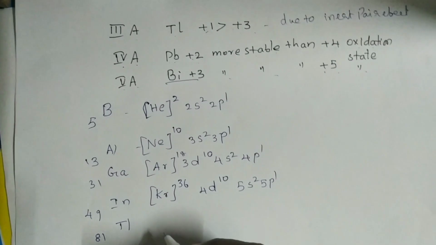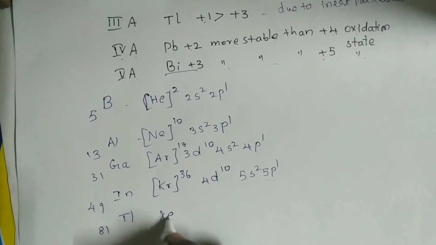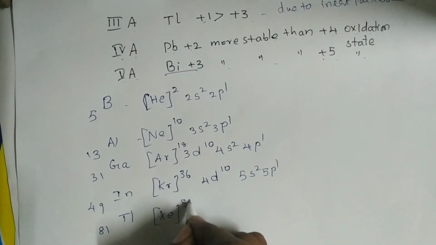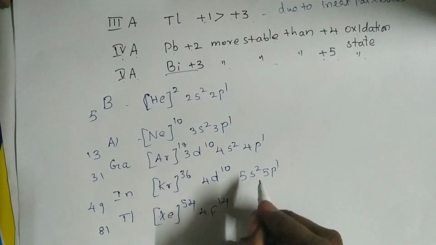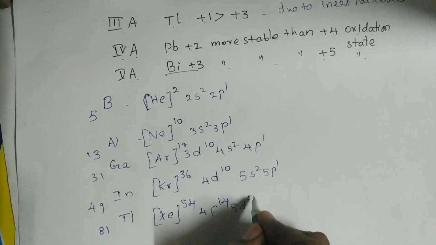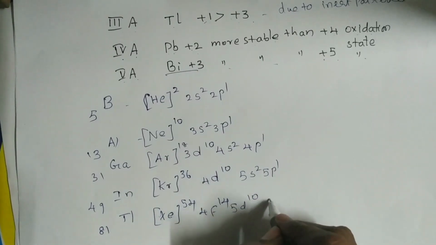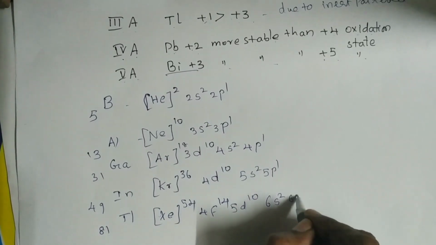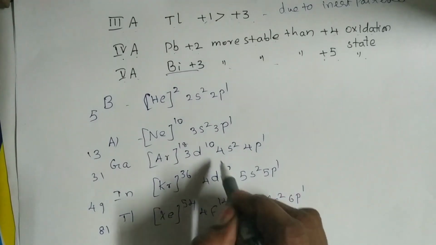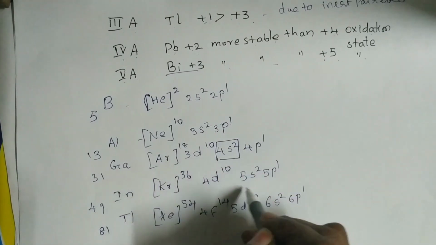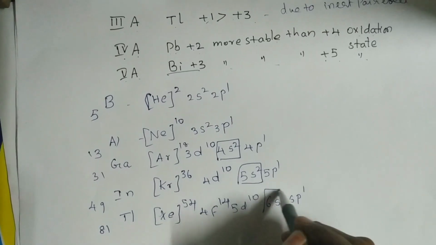And here xenon, 54. Next here 4f orbitals also will be involved, and then 5d10 orbitals also will be involved. Next, the sixth shell is the valency shell, 6s2 6p1.